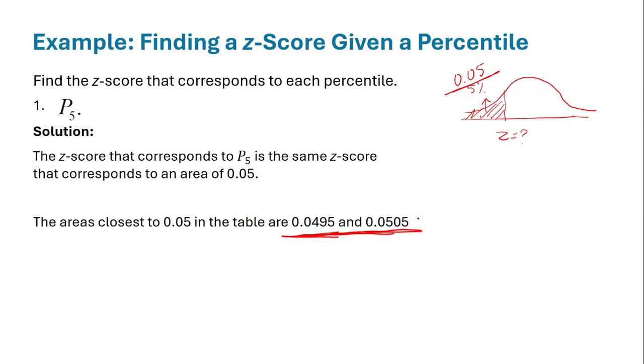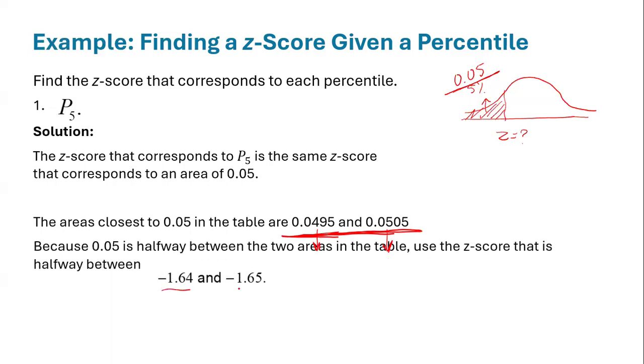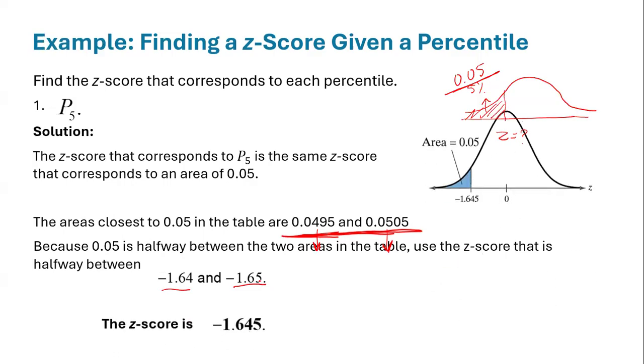So what do we do in these cases? We find the average. What z-value corresponds to this number? Negative 1.64 and negative 1.65. Now we find the average of these two, or the halfway between negative 1.64 and negative 1.65, which is negative 1.645.